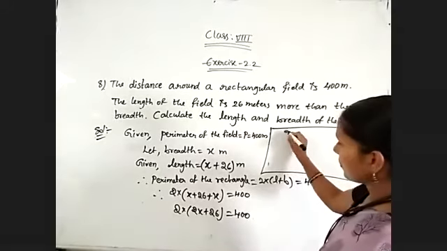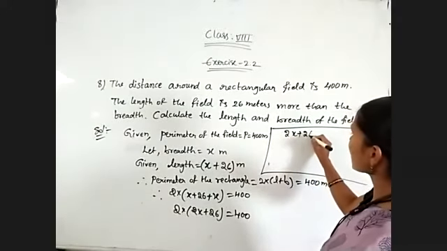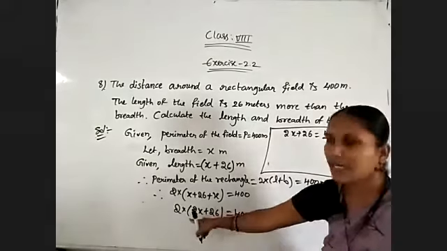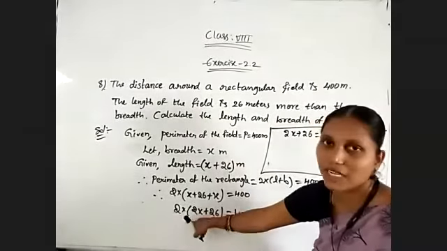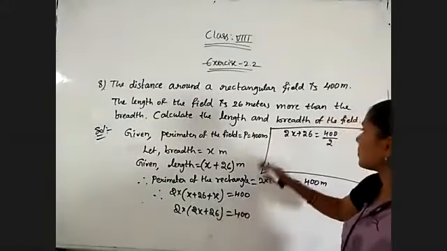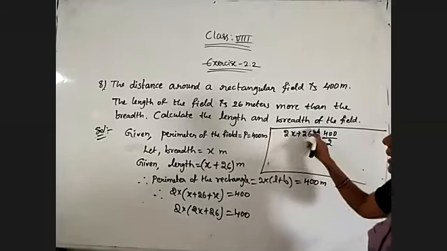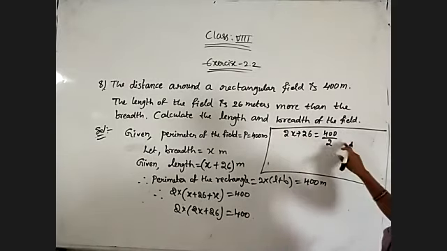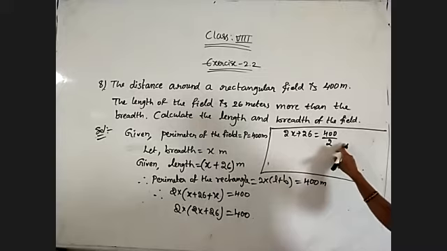2x plus 26 is equal to 400 by 2, because here it is multiplication with the complete term, so 2 is taken out from all the terms. That's why when multiplication moves to this side, it becomes division.